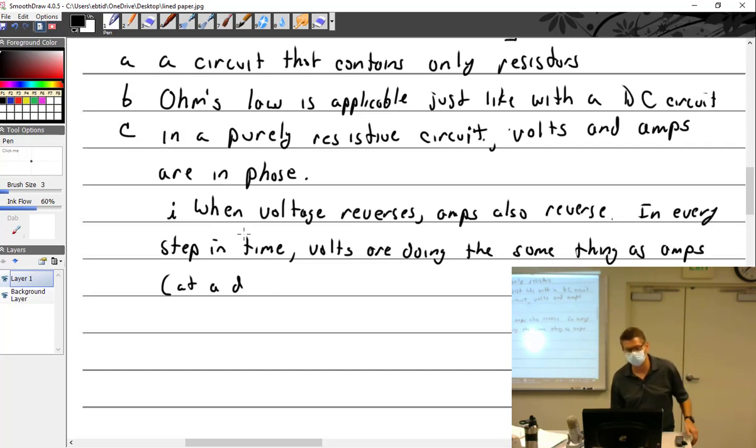So volts would be higher than amps. Different amplitude.